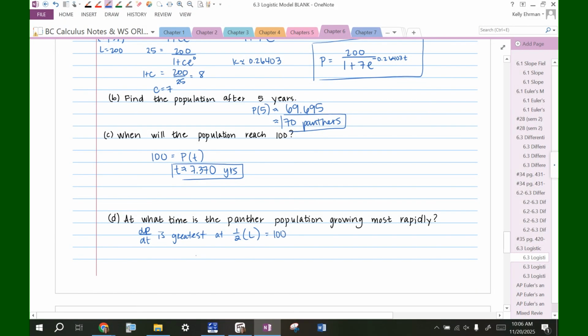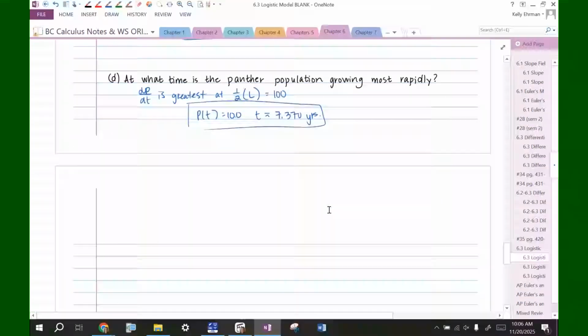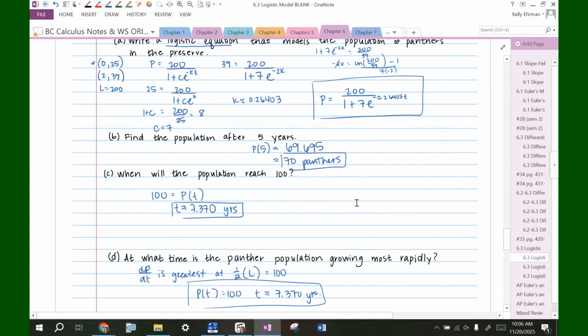And we just answered that. P of t equals 100 when t is about equal to 7.370 years. If this were a different number, I would just change out my y equals in Desmos and see where they intersect. Hopefully this helps you understand how you're working with the two models.